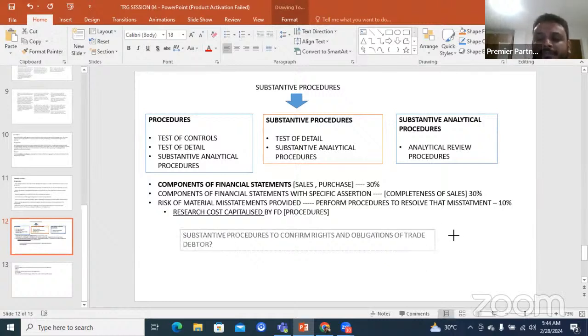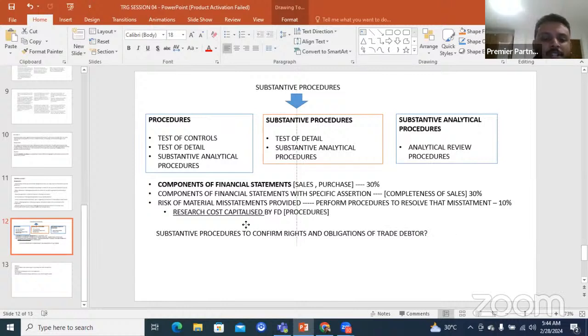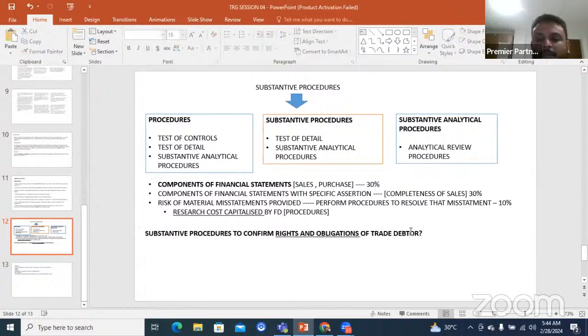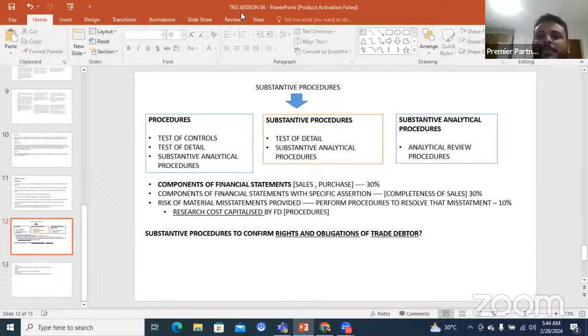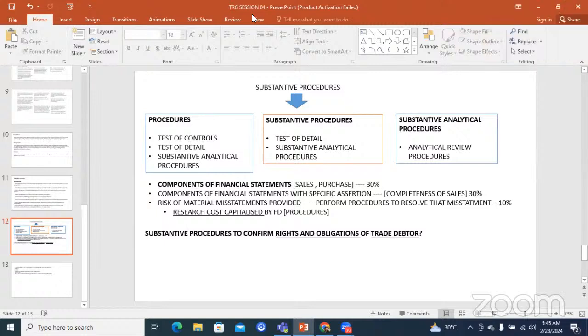Rights and obligations is an assertion, balance sheet. Trade debtors, receivables. Okay, I'll give 5 minutes. Write down at least one procedure. This is the second type of question. Okay, try out. I want to see your answers.